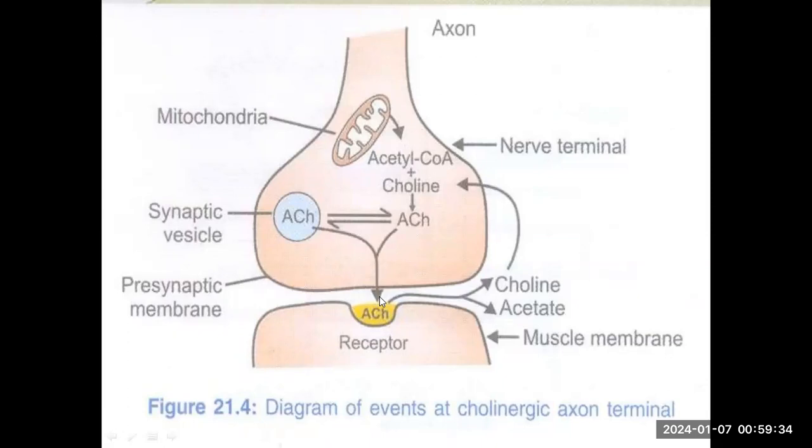receptors present on the postsynaptic membrane, and then from there it is again broken down into choline and acetate.